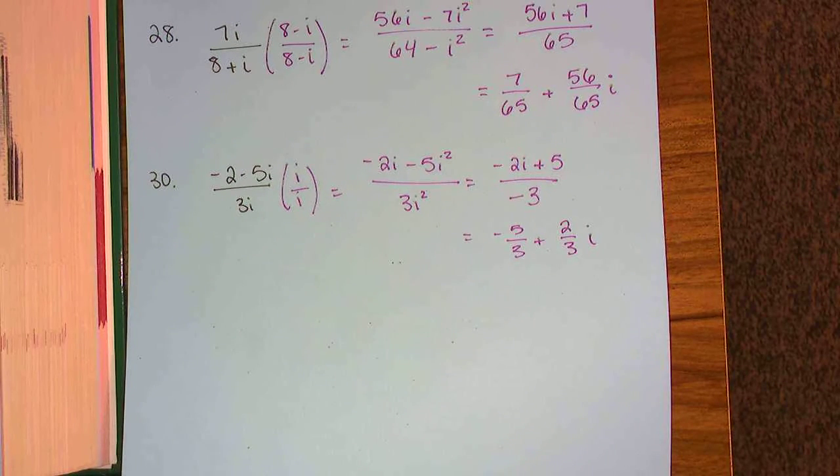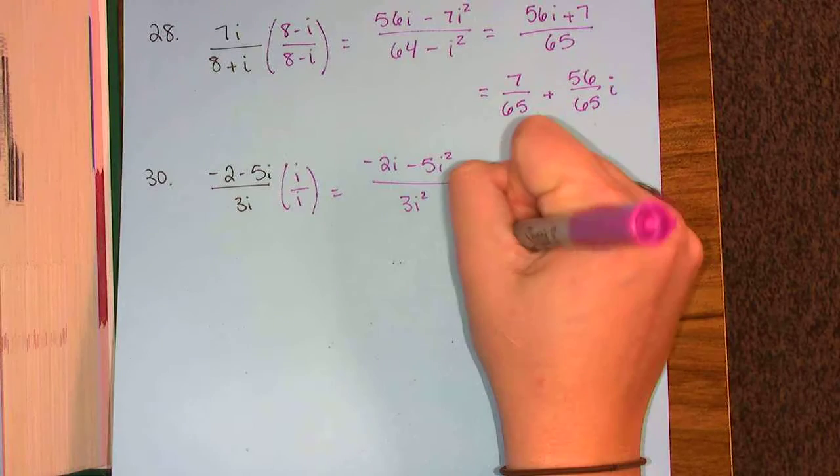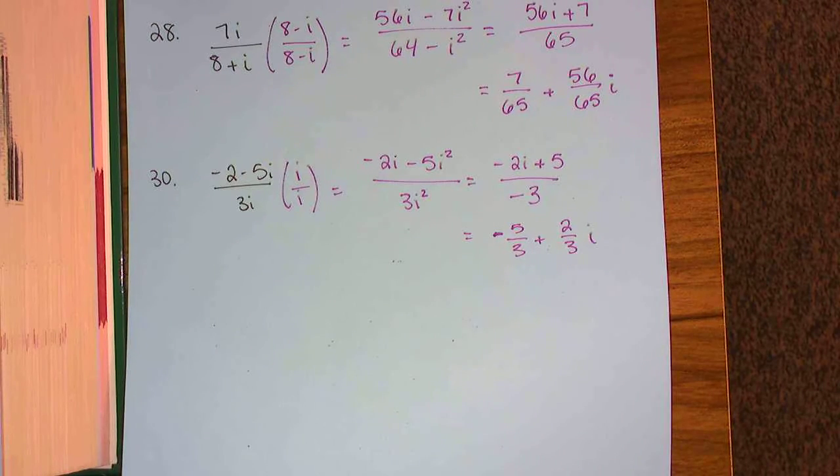Two and 3 are both negative, so that has to become positive. Yep. It's got to be written as two separate pieces. Got to have a real part and an imaginary part for it to be in standard form. The negative on top, just the 2. Just the 5. Or just that first fraction. It doesn't matter if it goes on top or bottom.